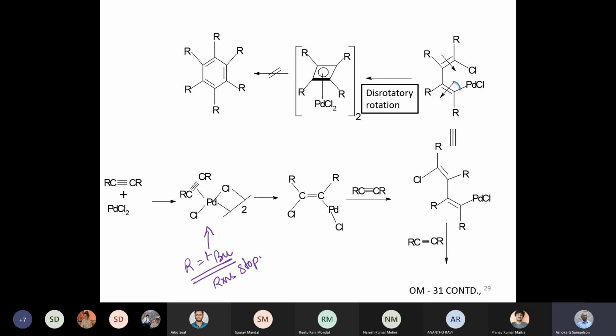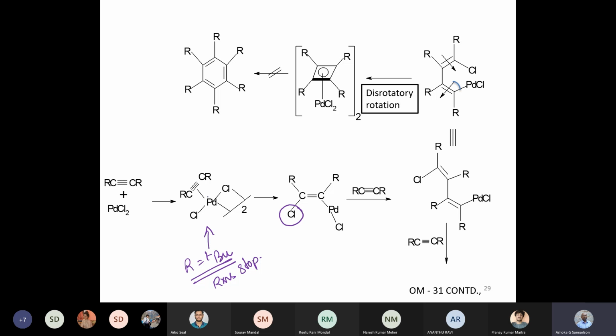If I have a small R group, then the second insertion happens. And in order to understand that, I can first do a chloropalladation, or insertion of an alkyne into a palladium chloride bond.